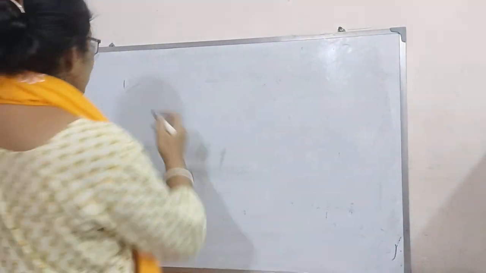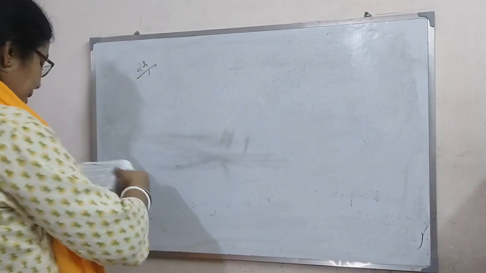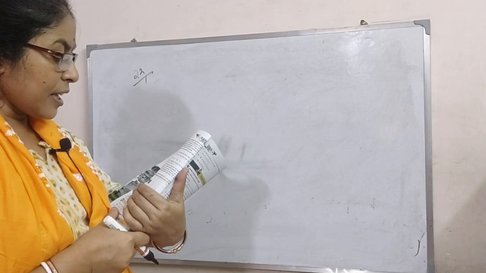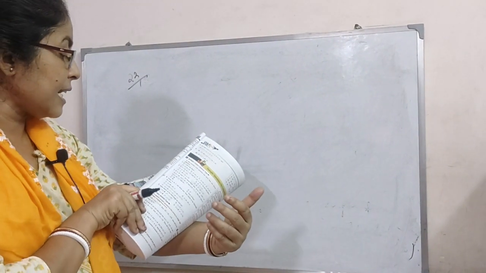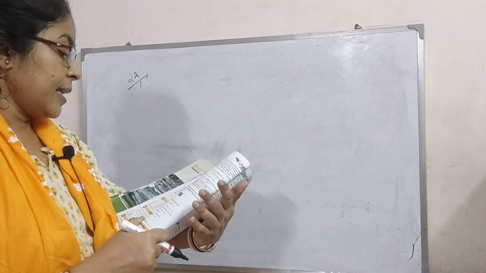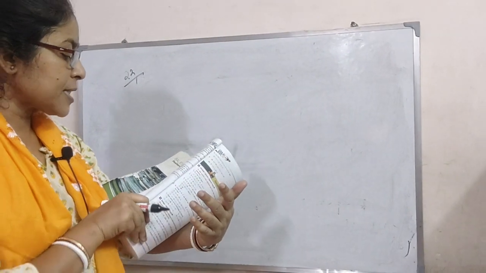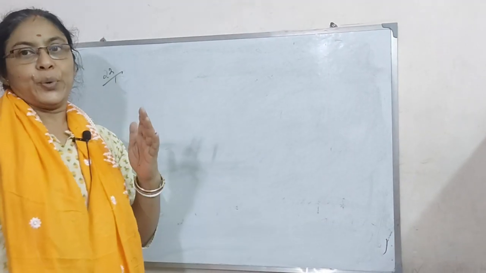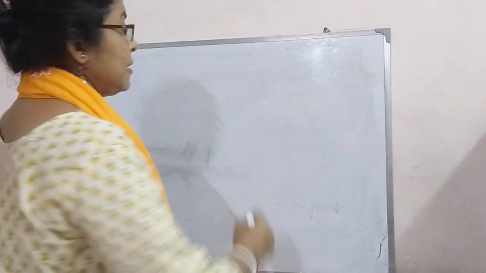Sum number 22: if two sets A and B have 99 elements in common, then find the number of elements common to each of the sets A cross B and B cross A. I will do it with an example.